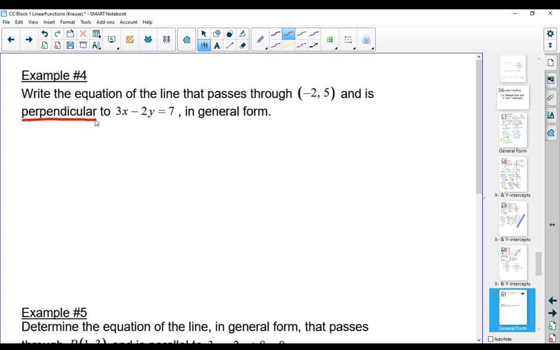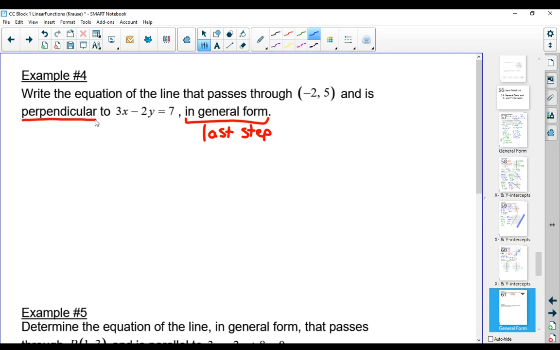And again, we're going to be doing this in general form, but that's my last step. So everything else that I do is the same as what I did in 3.5. Now, in 3.5, I showed you 2 different methods for creating your equation. I'm only going to use one method each time. And if you prefer to use the other method, use the method that you're comfortable with. You should still get the same answer.